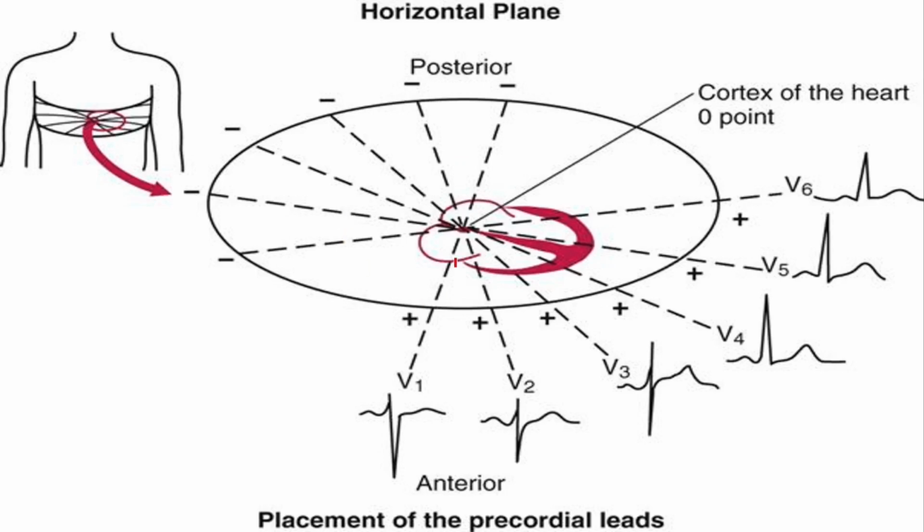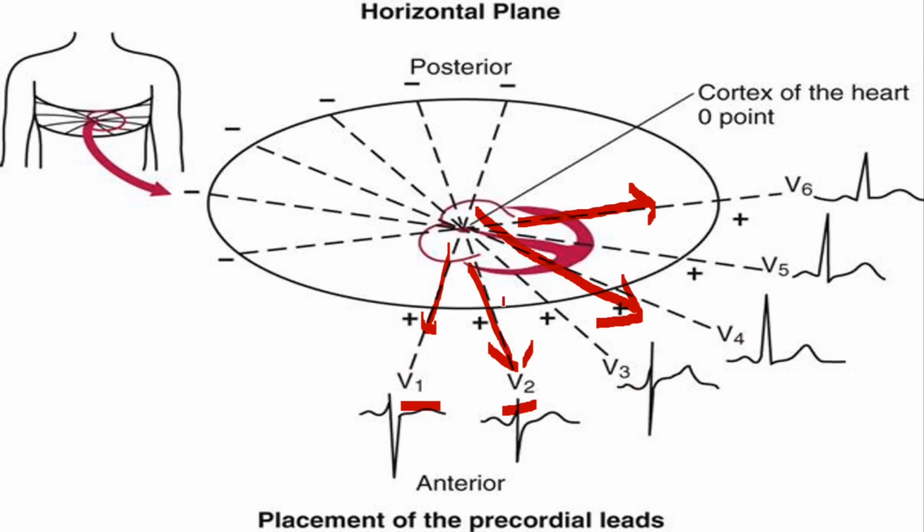And these are the axes of all the chest leads. This is V1, V2, and this is the mean electrical axis of the heart. So we can easily see that V1 and V2 are moving a little away from the mean electrical axis of the heart, while V3, V4 up to V6 are in line with the mean electrical axis. So we get the positive waves from V3 to V6.